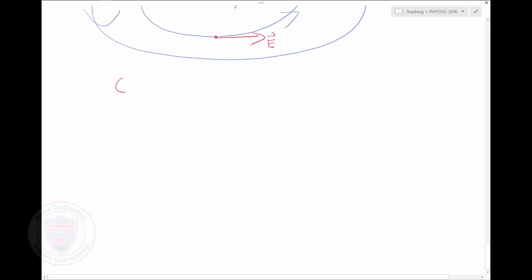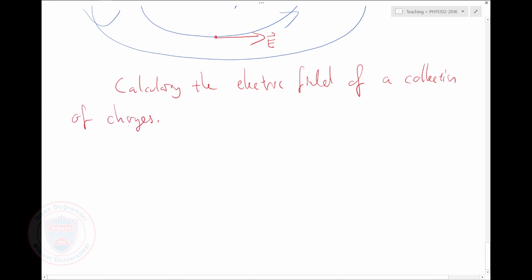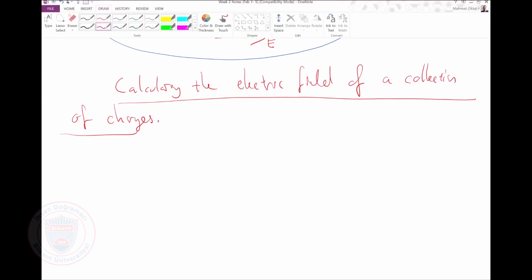Okay. So how do I calculate the electric field of a collection of charges? Now I'll stick with the same example.